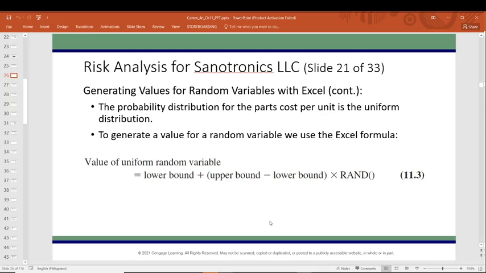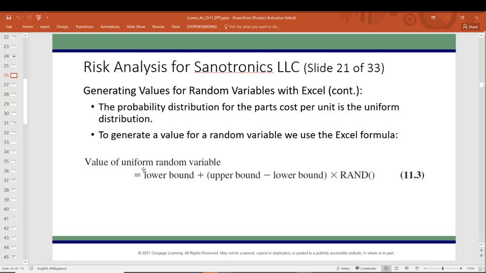To generate a value characterized by a continuous uniform distribution, using the Excel formula, the value of a uniform random variable is equal to the lower bound plus the difference of the upper bound and the lower bound multiplied by the random number.